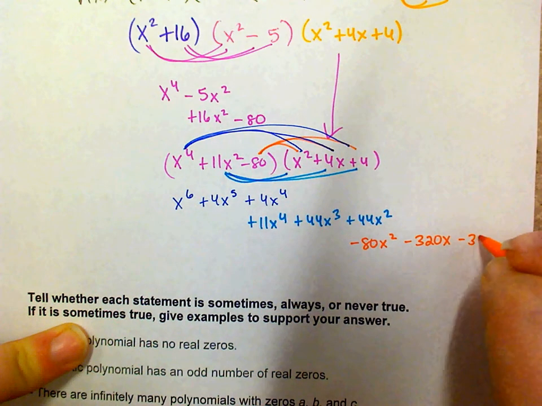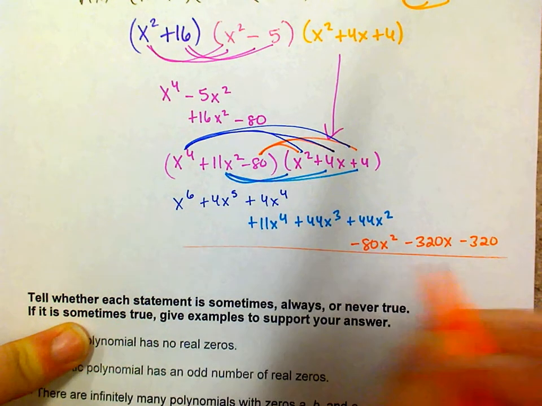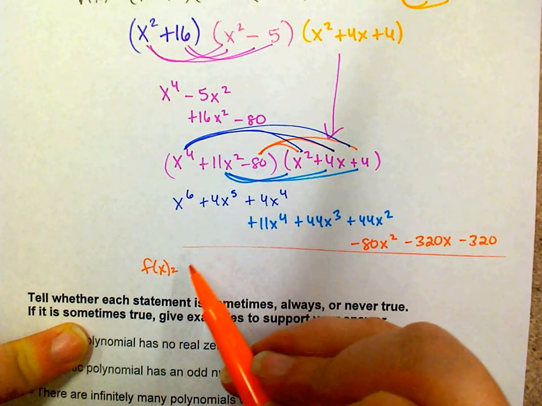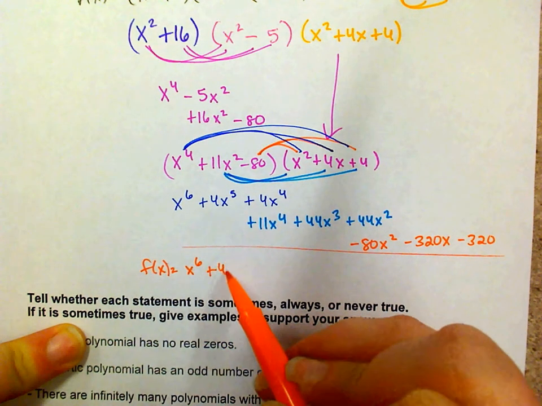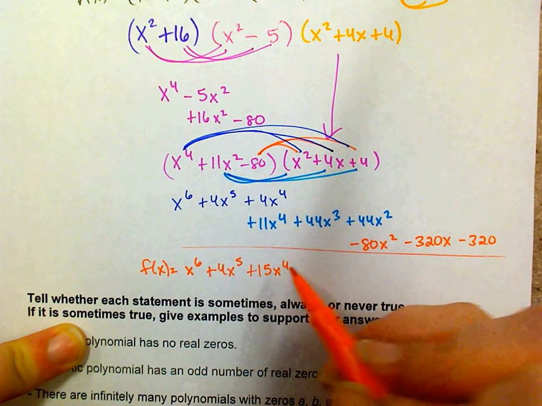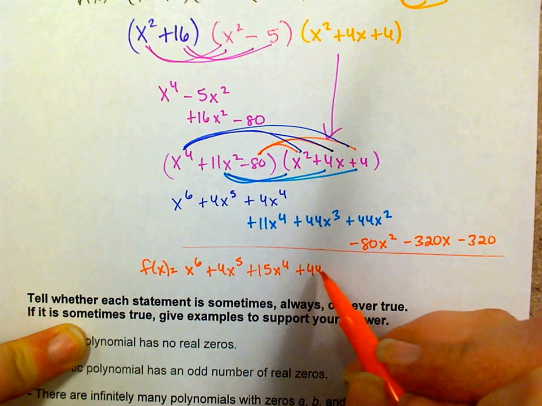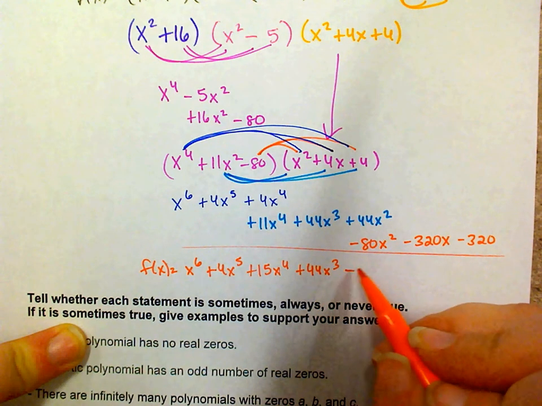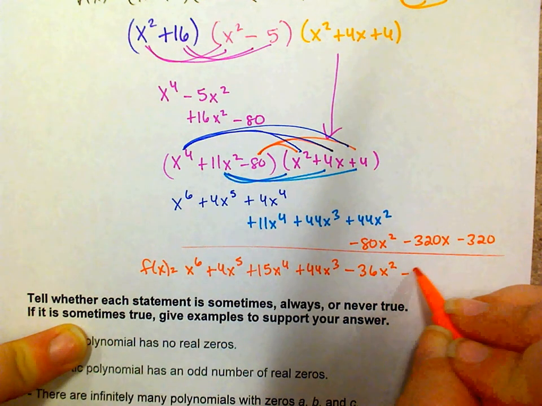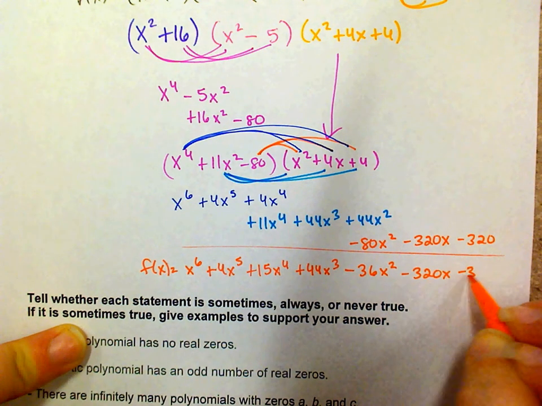F of x equals x to the 6th plus 4x to the 5th plus 15x to the 4th plus 44x cubed minus 36x squared minus 320x minus 320. And that is your final answer.